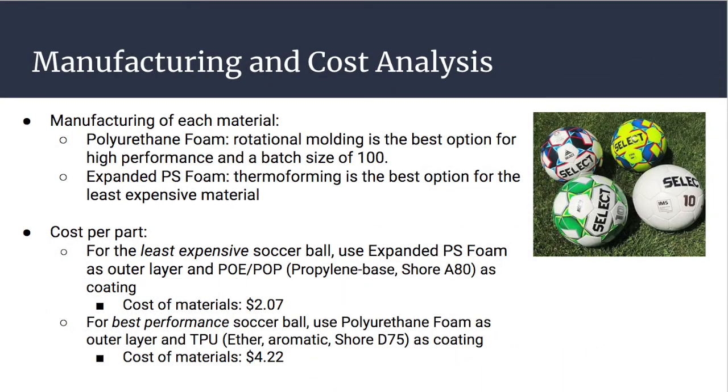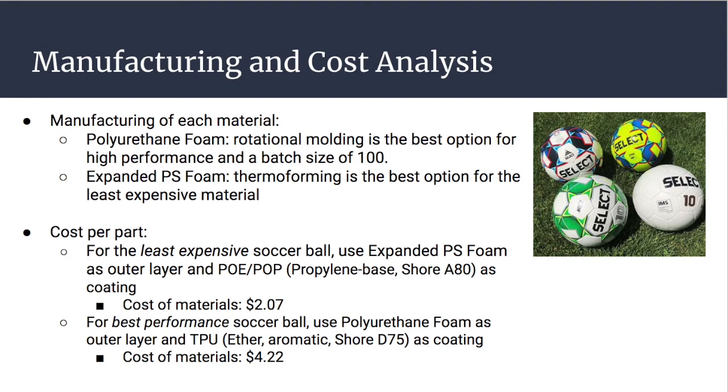For manufacturing and cost analysis, polyurethane foam uses rotational molding because it is the best option for high performance and creates a batch size of 100. Expanded PS foam uses thermoforming as the best option for the least expensive material.